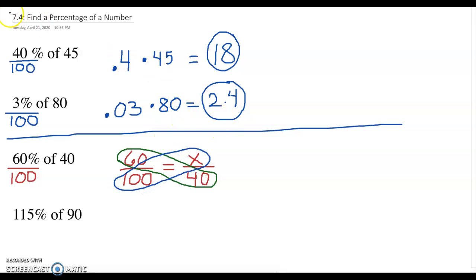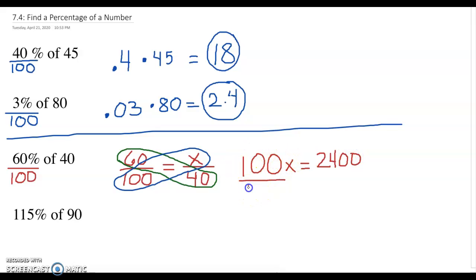So we should have 100x equals 2400. And then we're going to solve for x.